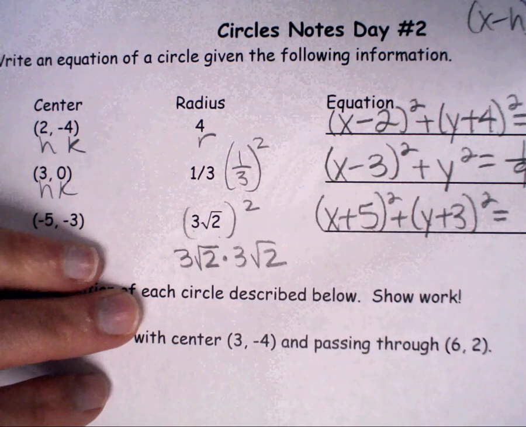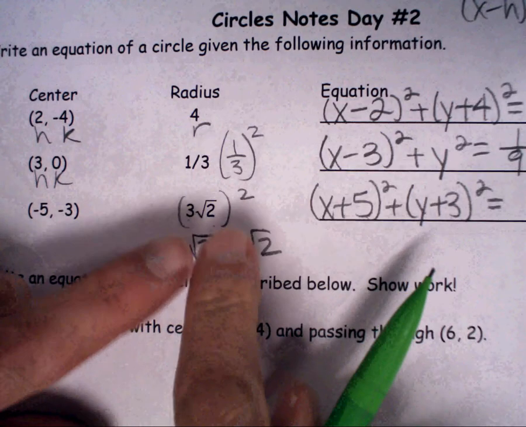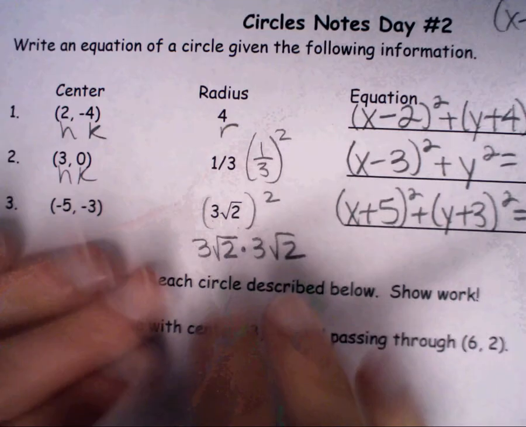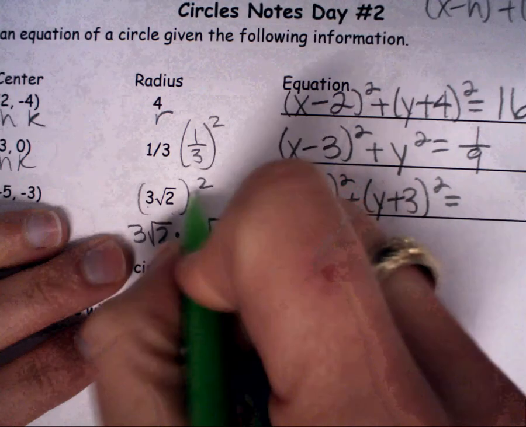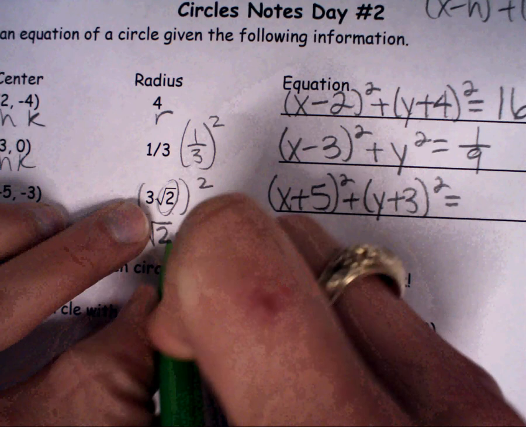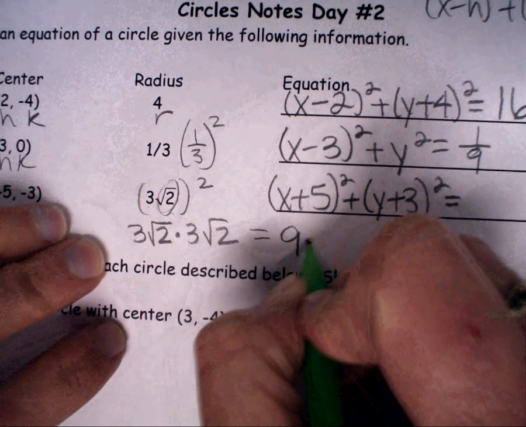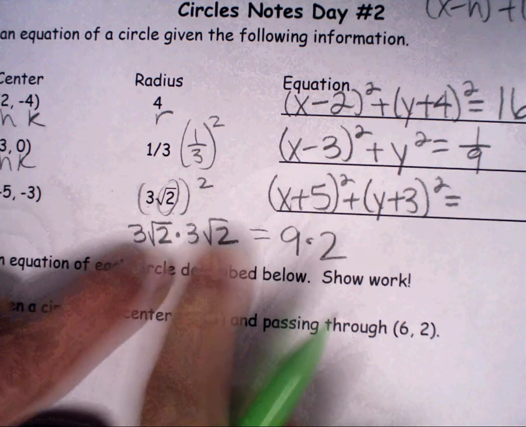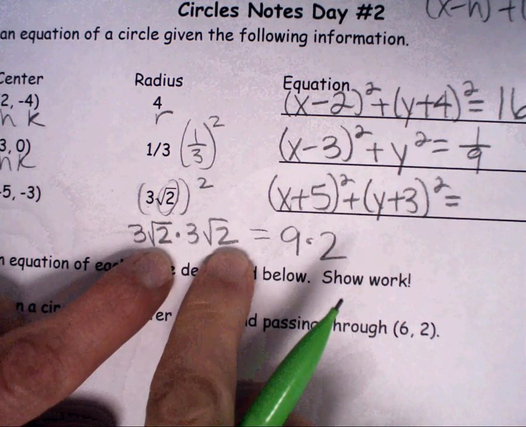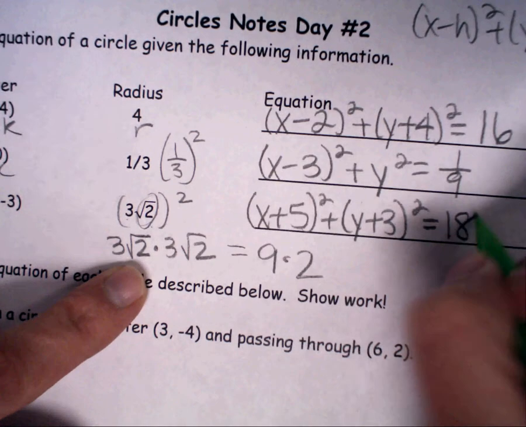So what happens is you're multiplying it by itself. If you actually square this, that would be 9, and then square root of 2 times square root of 2 is just 2. So ultimately you get 9 times 2, which is 18.